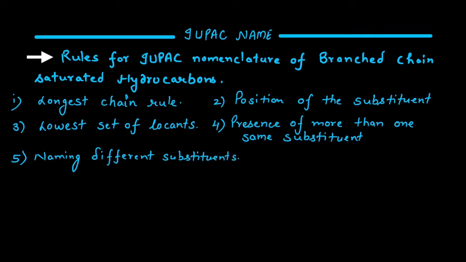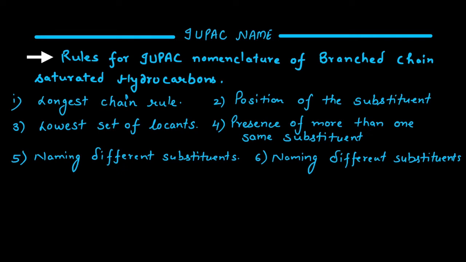Now moving on to the sixth rule, naming different substituents at equivalent positions. Suppose we have two different substituents, but they are present at equivalent positions. How can we name those substituents?